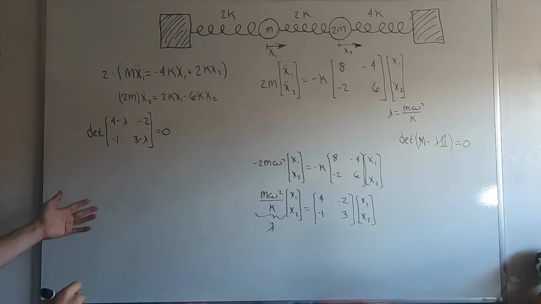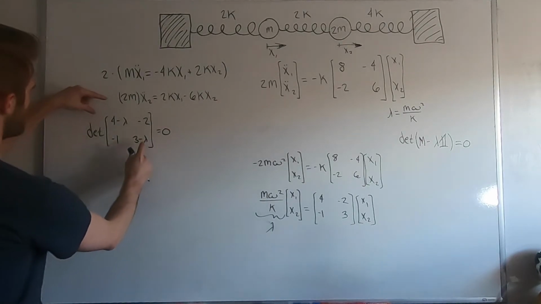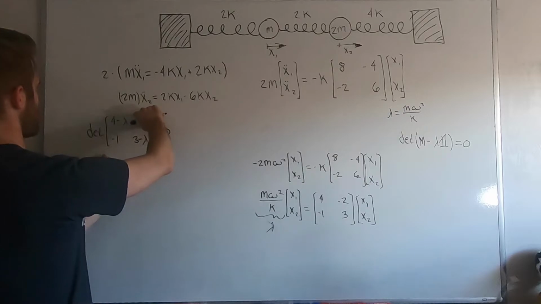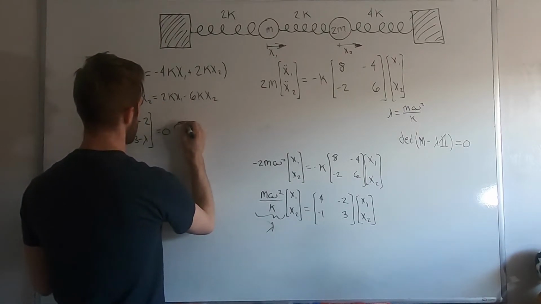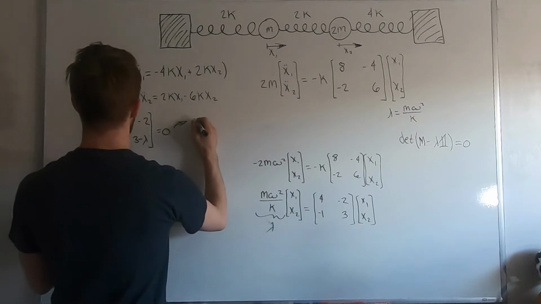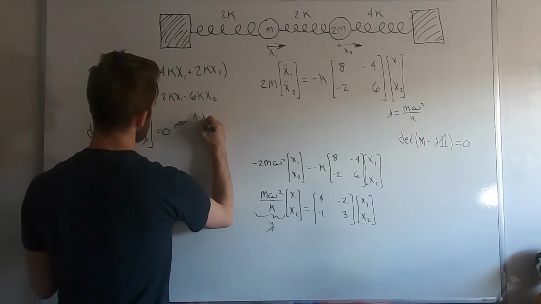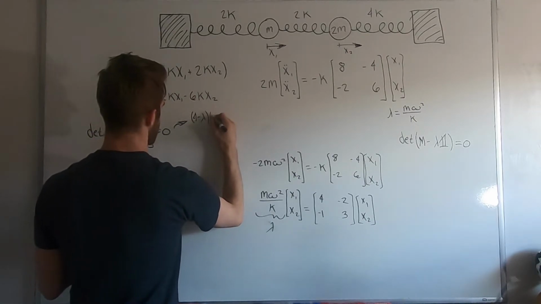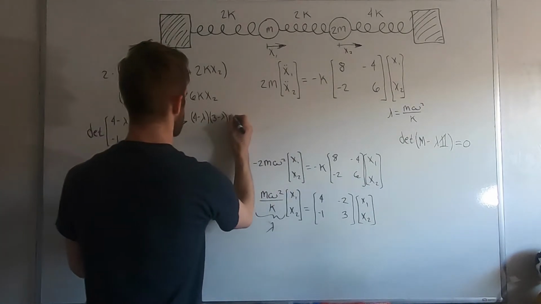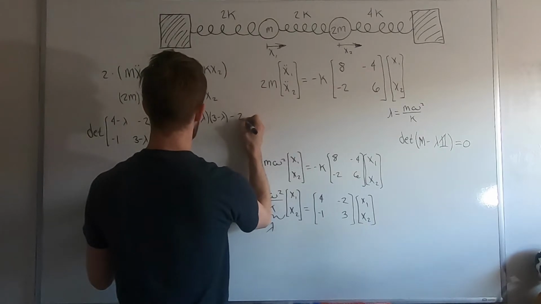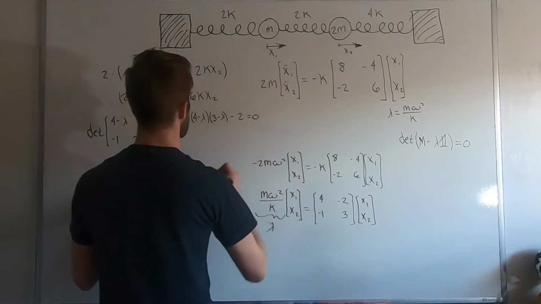Okay, so now we can just take this determinant, multiply this diagonal, and subtract off this other diagonal. That gives us 4 minus lambda times 3 minus lambda, and then these become positive, so minus 2 equals 0.